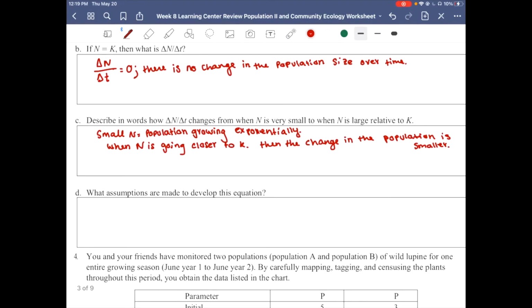So what assumptions are made about this development? First off, I don't think we talked about this, but this is called the logistic model. And it kind of looks like this. And then this is where our carrying capacity would be.